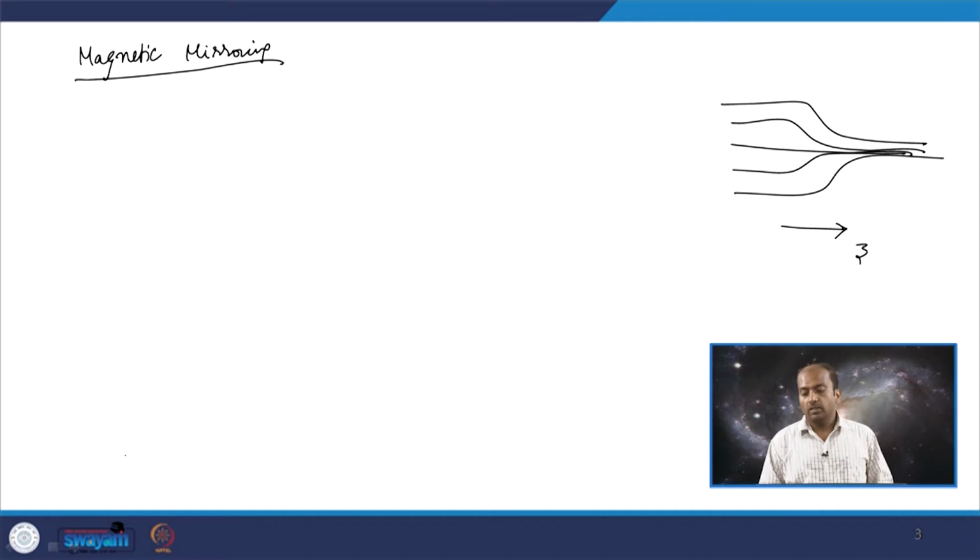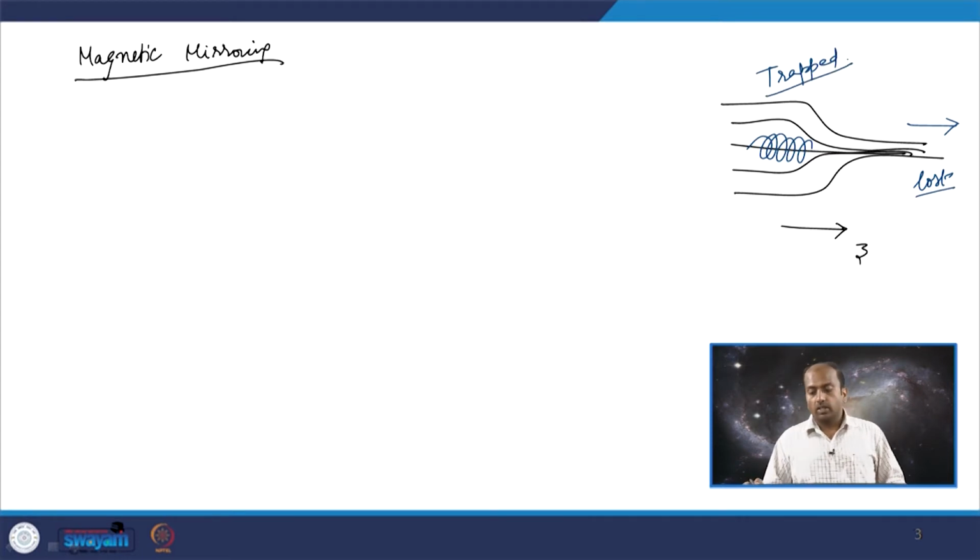If the particles remain within this magnetic field, they are trapped. If the particles escape, they can be considered lost. So, we have to see how the mathematical treatment can help us understand this magnetic trapping.